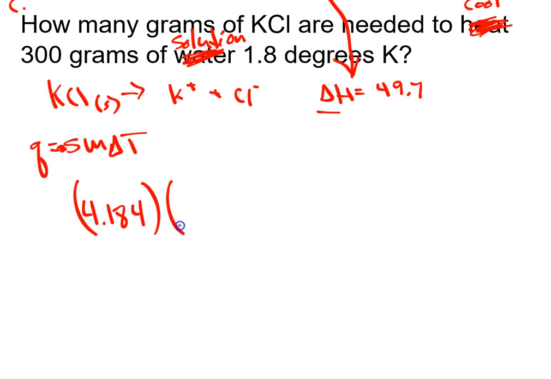What's the mass of my solution? 300. Now, I don't know what part of that is KCl. That's what I'm finding, but I don't care. I know the total of the solution is 300. Now, what's my change in temperature? 1.8. So I'm going to solve this problem. Please do that math for me.